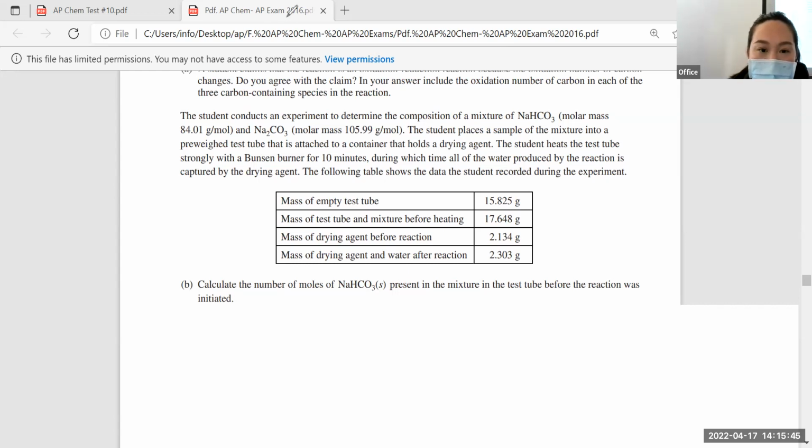So how do I know how much water is produced? I would take the mass of my drying agent after minus before. How much water did my drying agent capture? So 2.303 grams minus 2.134 grams. What is that? 0.169 grams of water.